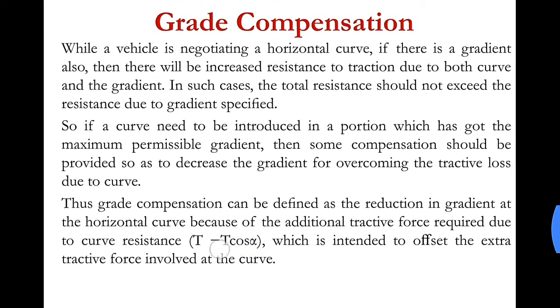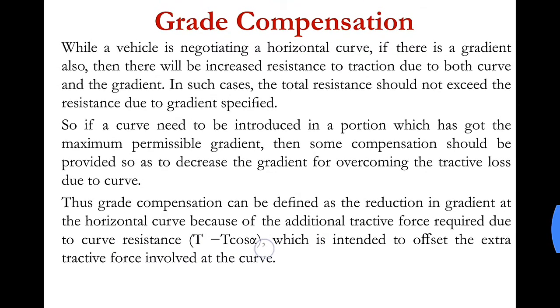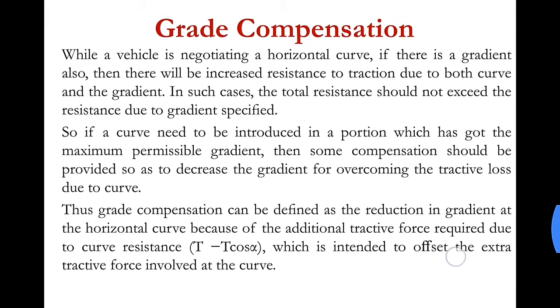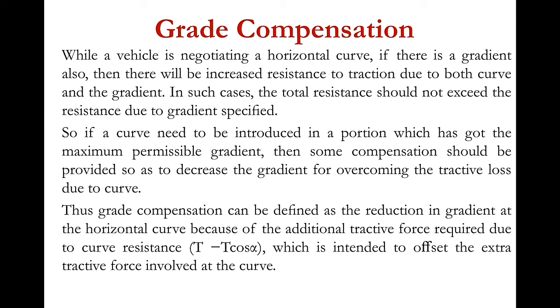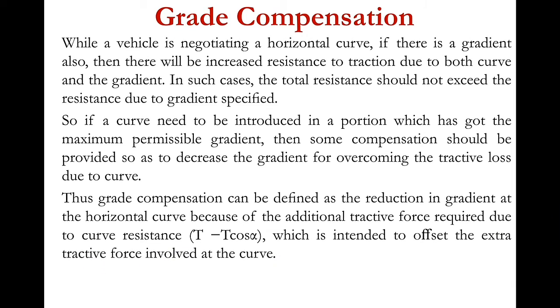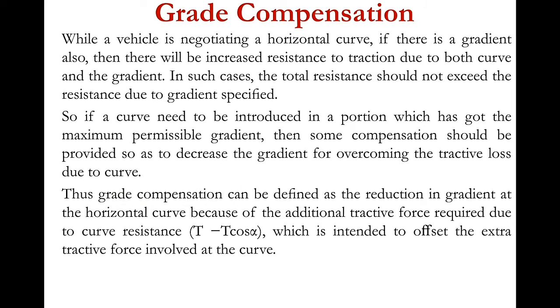It is T minus T cos alpha, where T is tractive force, which is intended to offset the extra tractive force involved at the curve. So grade compensation is nothing but reducing the grade that we have provided on the horizontal curve so as to reduce the resistance that is provided to movement.